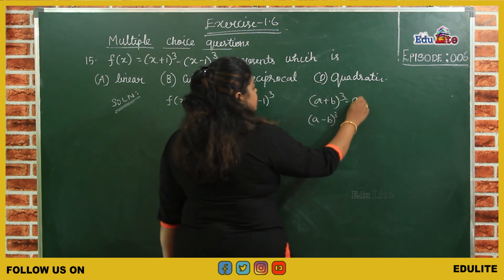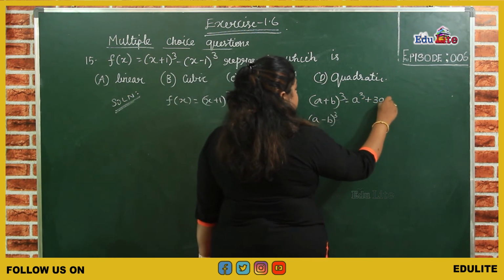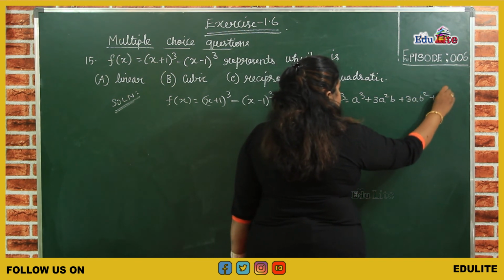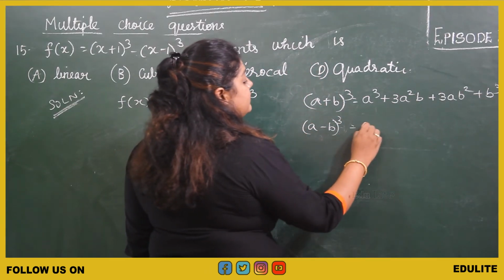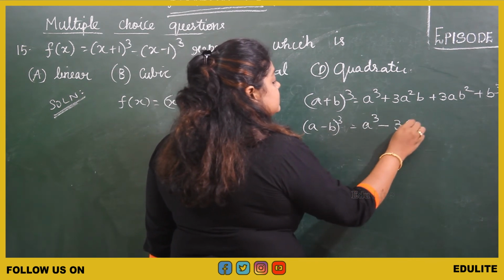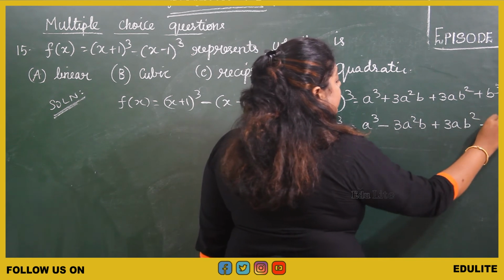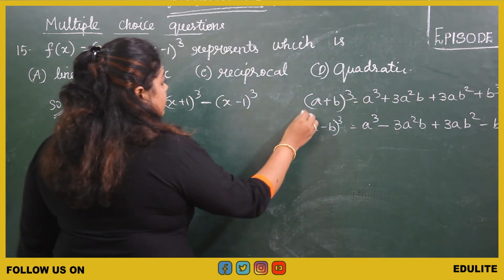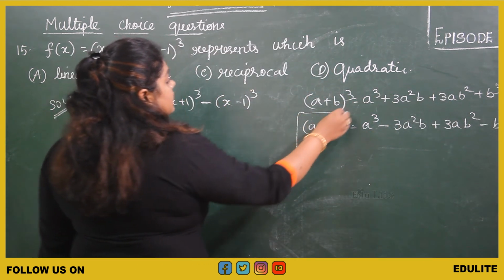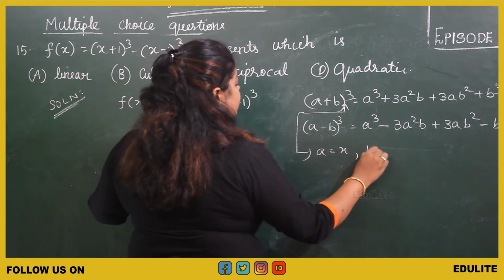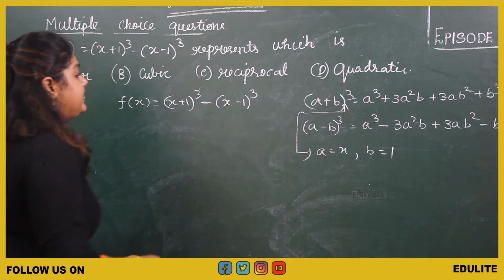A plus b whole cube is a cube plus 3a squared b plus 3ab squared plus b cube. Similarly, a minus b whole cube is a cube minus 3a squared b plus 3ab squared minus b cube. For the first one, a plus b whole cube, the a value is x and the b value is 1. Let us directly substitute.